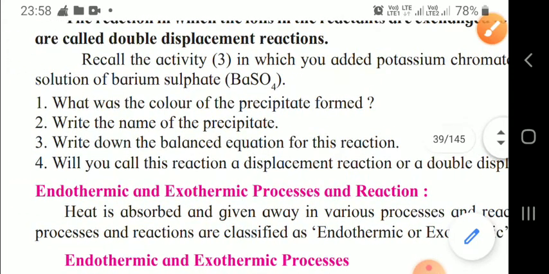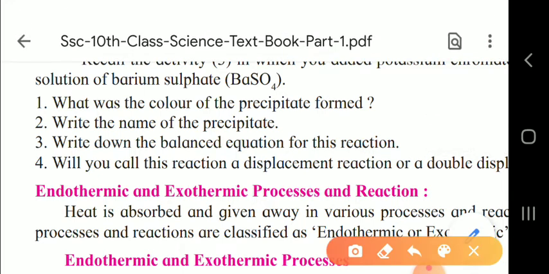This is the reaction, children. Now we'll see the questions. What was the color of the precipitate formed? It is yellow color, so you can write yellow. Write the name of the precipitate. What is it, children?